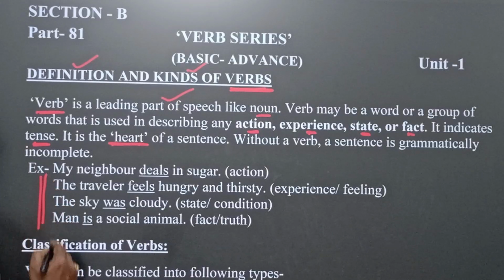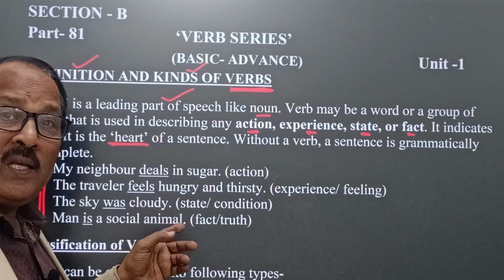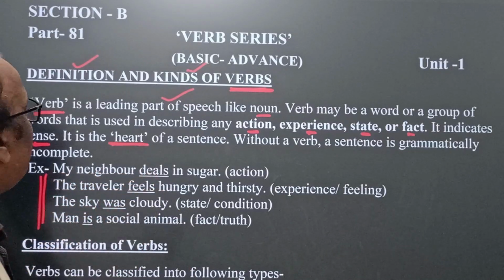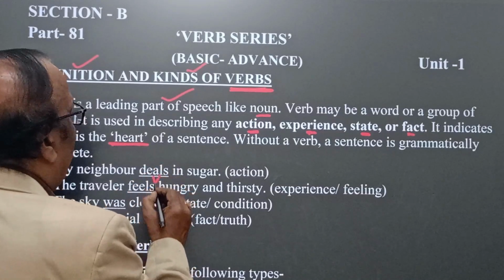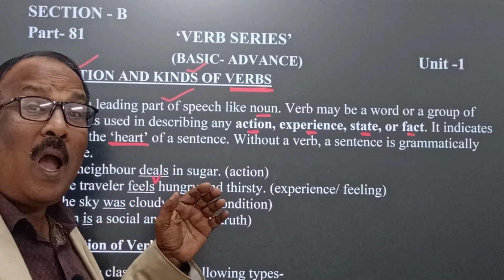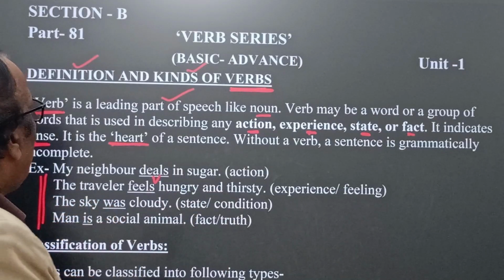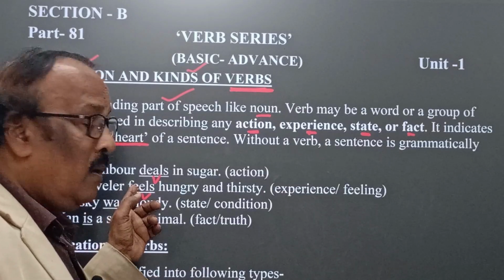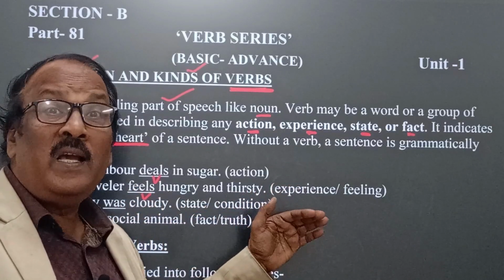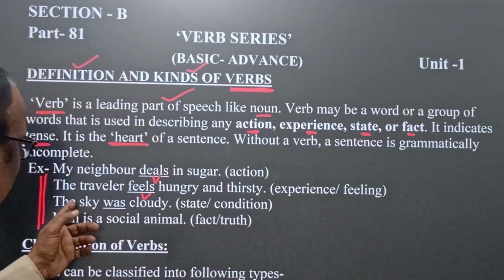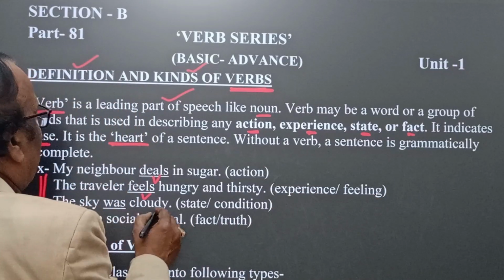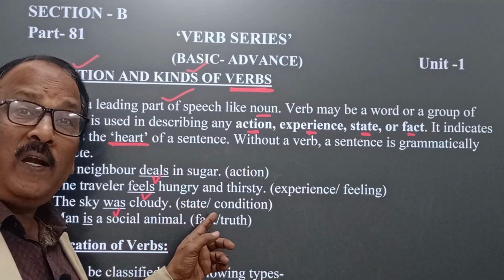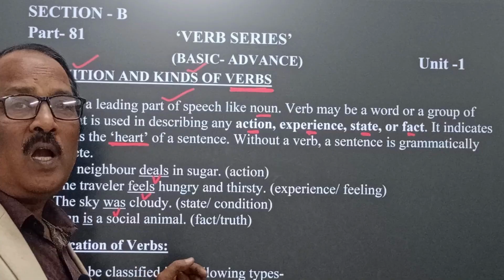Here we have some examples expressing the definition of verb. My neighbor deals. Here the verb deals indicates action. The traveler feels hungry and thirsty. Here the verb feels indicates experience or the feeling of the traveler. The sky was cloudy. Here was expresses the state or condition of the sky.